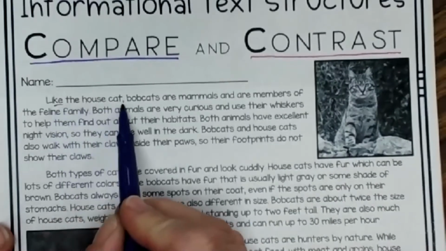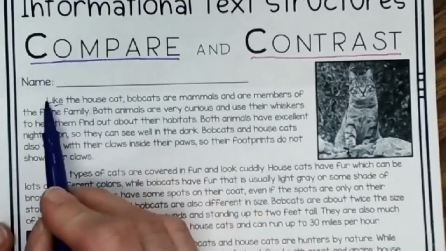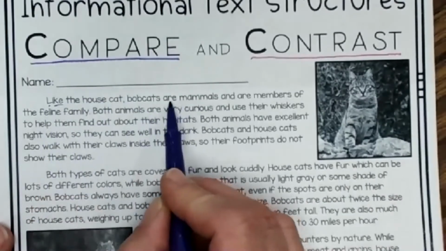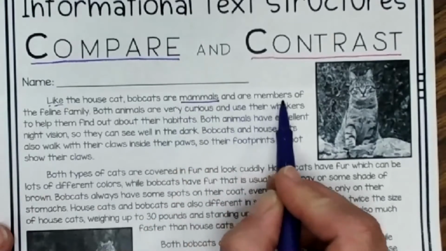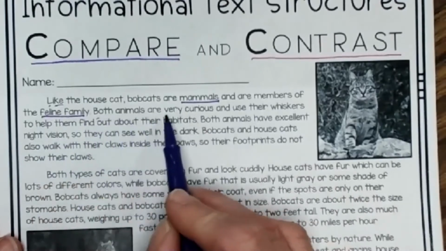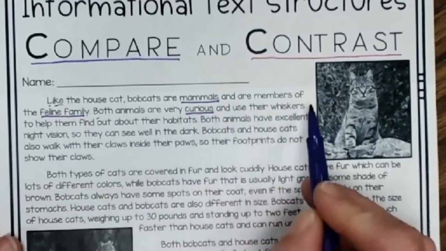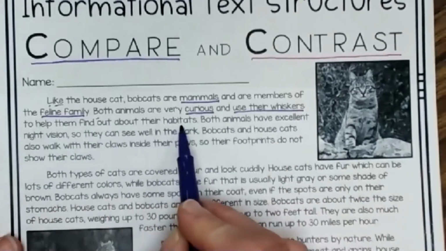Like the house cat, bobcats are mammals. So I think he's comparing because he says like, and I'm going to underline mammals because that's important, and are members of the feline family. Both animals are very curious and use their whiskers to help them find out about their habitats.